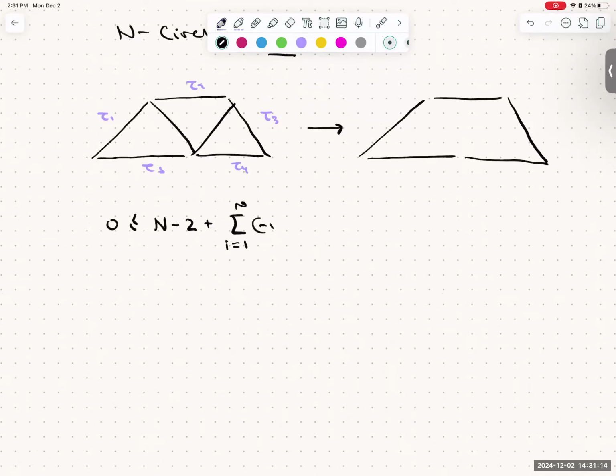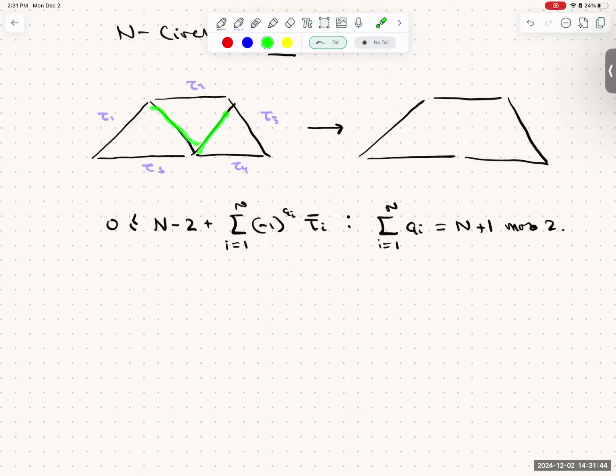You have -1, a_i, these are bits, T_i bar, where we have the restriction on these a_i that the sum of a_i equals n plus 1 mod 2. So I will just define it like this. The n-circle inequalities are precisely what you get from taking a classical n-disk and performing that Fourier-Motzkin elimination.